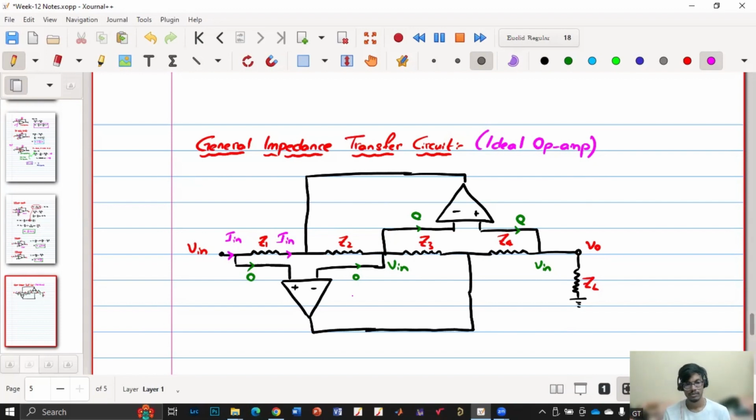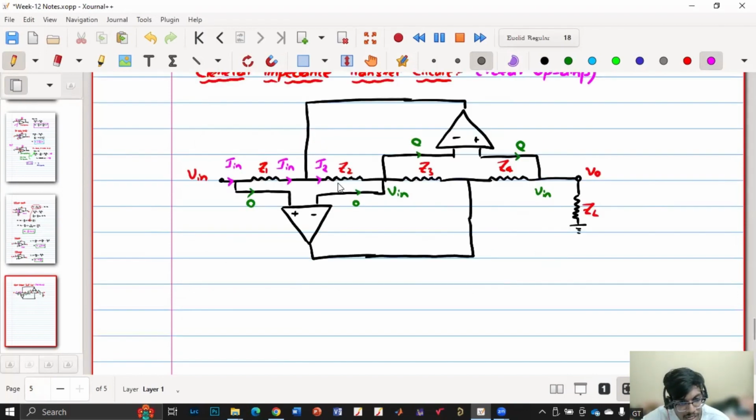Do you agree? Yes, sir. So if this is I in and we do not know this current, say in this it is I2. Now can you realize Z1 and Z2 are parallel, because one of the terminals is connected over here and the other terminals are shorted. So Z1 and Z2 are parallel, right?